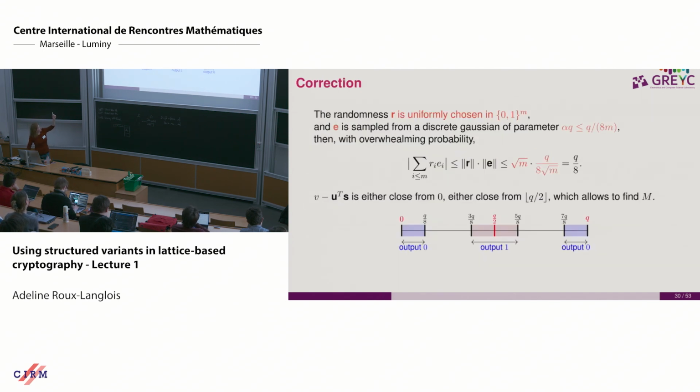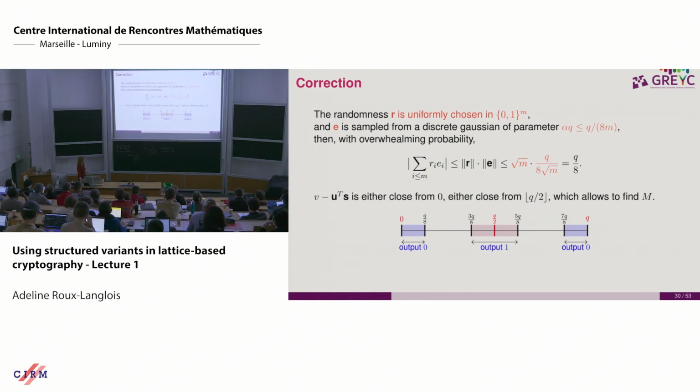The small element is R times E. R is uniformly chosen in {0, 1} to the M, so it has norm bounded by square root of M. E is a Gaussian element. You know the parameter, so you can also have a bound on the norm of E. And then you can make sure, if you choose correctly the parameters, that R times E is small enough, like less than Q over 8.